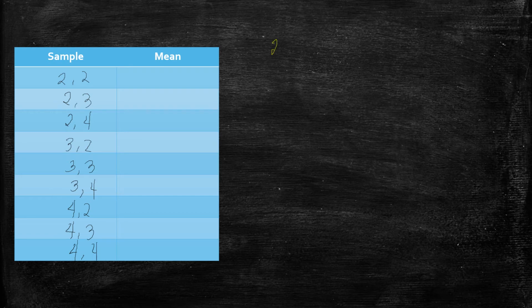Just follow. First sample, you have 2 plus 2 divided by 2. The answer is very obvious. That's 4 divided by 2, so you have 2. I think you can answer it mentally. Let's have 2 and 3. 2 plus 3 is 5 divided by 2, so you have 2 and 1/2 or 2.5.